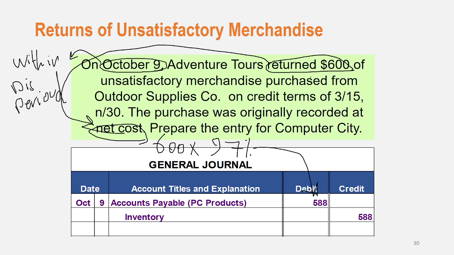With these operations, the total accounts payable is decreased, and a decrease in accounts payable is considered a debit. And also the total inventory is decreased as well, and a decrease in inventory is considered a credit, because inventory belongs to the assets, and a decrease in assets is considered a credit.